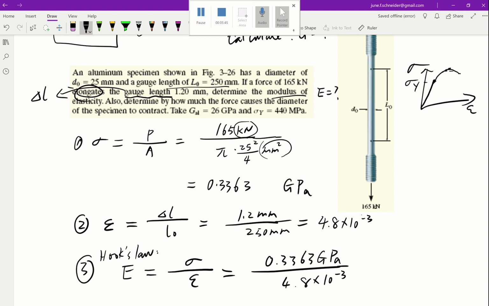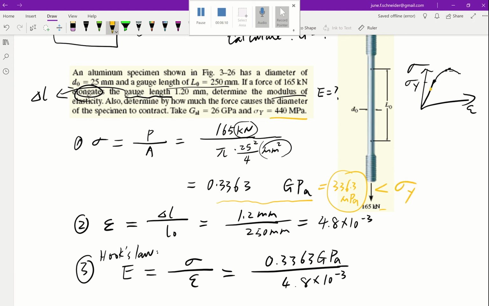By the way, one thing I want you to pay attention to here, I ignored at the beginning. This stress, when this 165 kilonewton is applied down, is essentially 336.3 megapascal, correct? And this value is less than the yield stress.